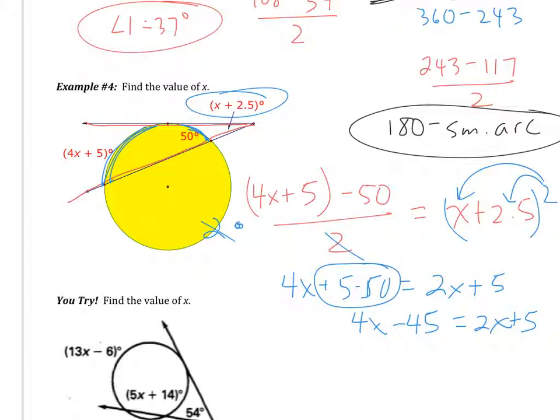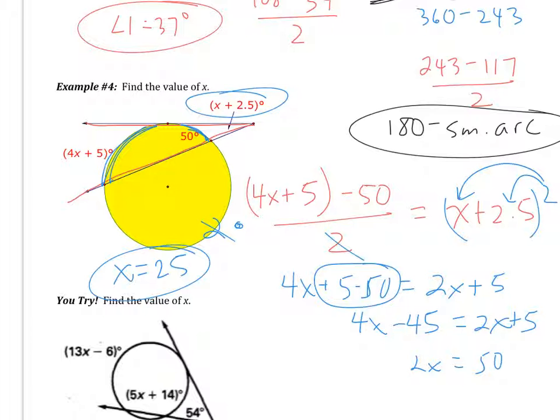Would you be able to now solve? Subtract 2x over, you get 2x. Add 45 over, you get 50. What's 50 divided by 2? 25. So x does equal 25. Okay? So it's just same concept, big arc minus little arc divided by 2. Just incorporating some variables there.